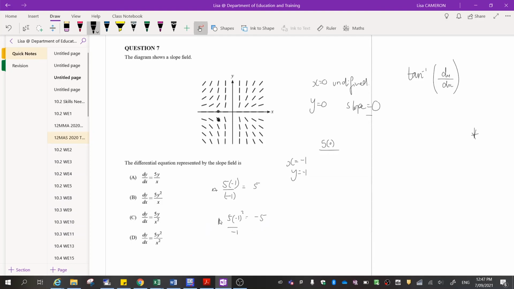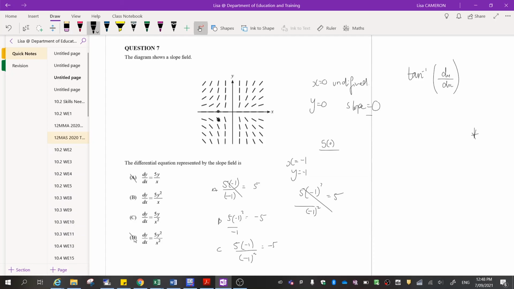That's A, that's B. C is going to be 5 times -1 over (-1) squared. That's also going to be -5. And then the next one, 5 times (-1) squared over (-1) squared is going to be +5. So you can see here that that gradient is going to be going off at a negative. So it can't be that one and it can't be that one. So it can't be A, can't be D.